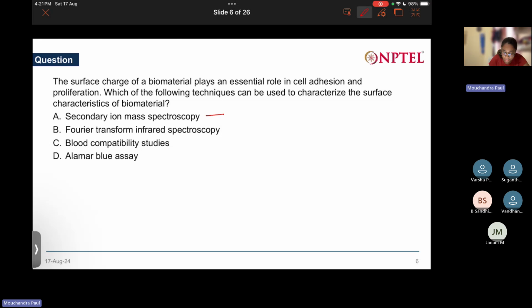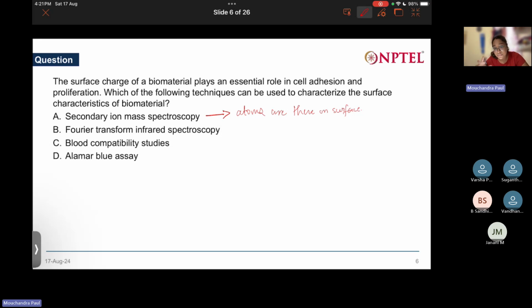Okay. So option A, what is secondary ion mass spectroscopy? It basically tells what kind of atoms are there on the surface.